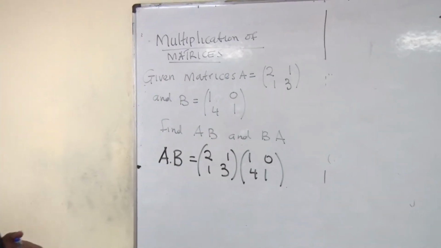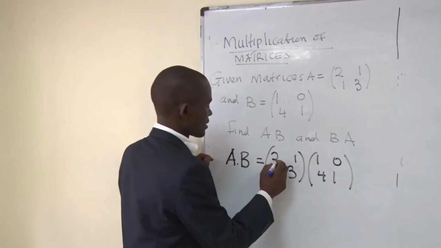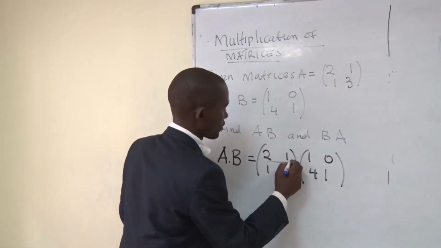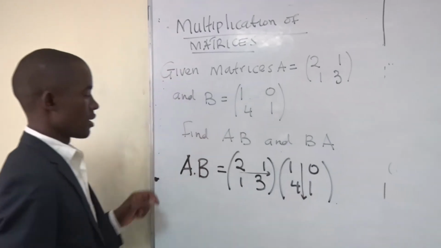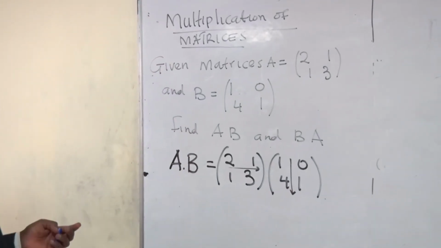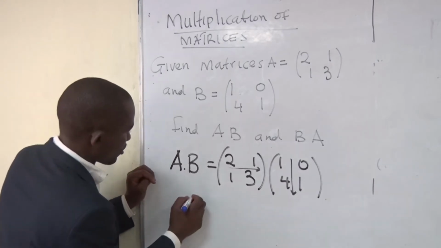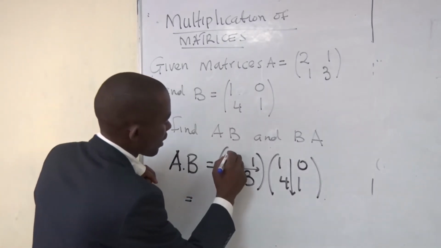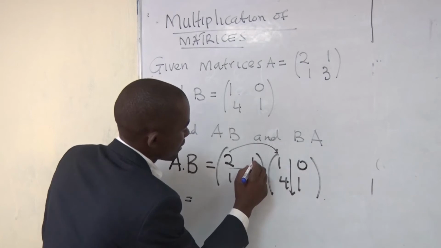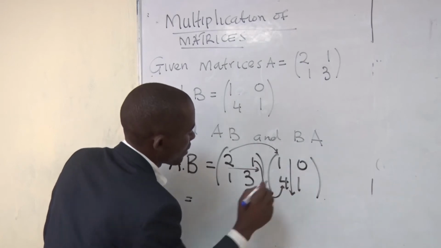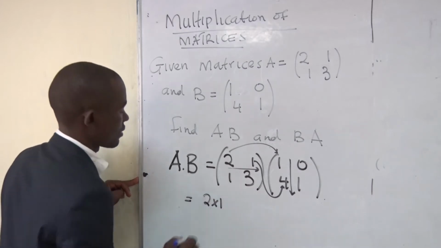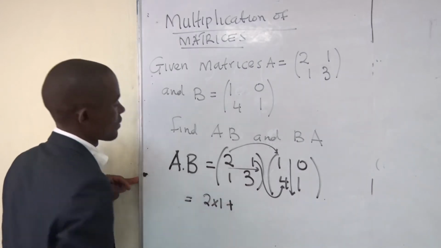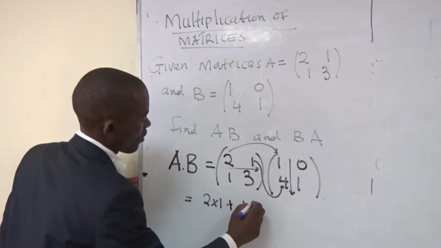So the first procedure is to take the first row with the first column and you multiply. You will take this one and multiply it with this. This other one will now be multiplied by 4. So I will take 2 times 1 plus 1 times 4.